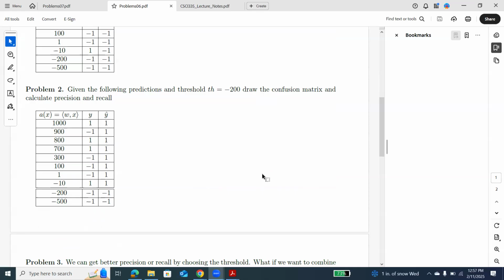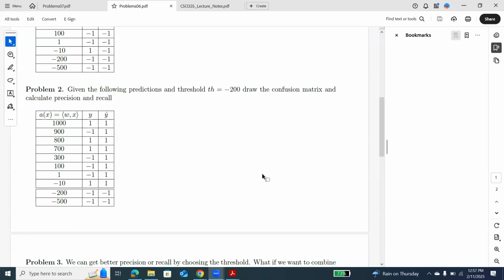Then false negatives 0, so it will be 4, 0. False positives 1, 2, 3. Yeah. So it's 2, 4. Okay, so is it 4, 0, 4, 2?